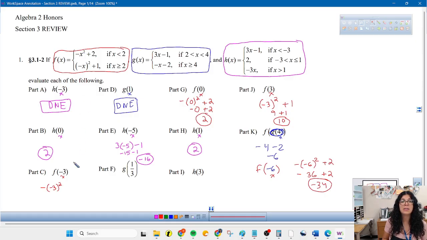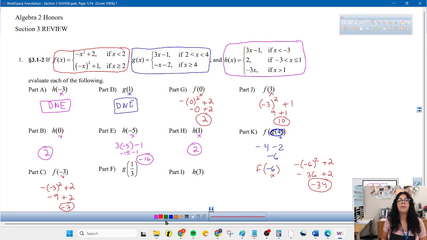If it was in parentheses with the x, then we would be squaring with the negative in it. But it's outside. So we square that negative 3, which is 9, and then the negative is in front, plus 1. It's a mistake here. It's plus 2, not plus 1.